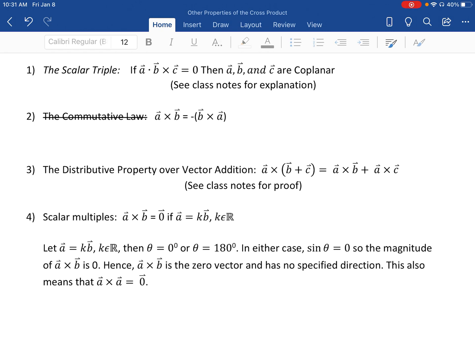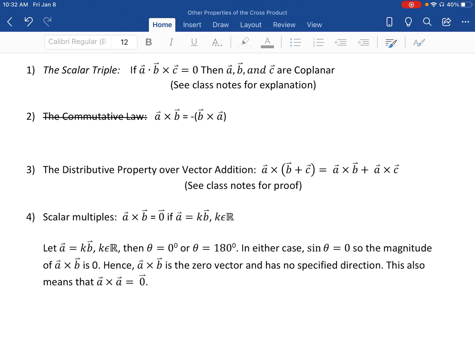All right. And finally, if a cross product produces the zero vector, then we know that the two original vectors are scalar multiples of each other. And this last paragraph here describes why.